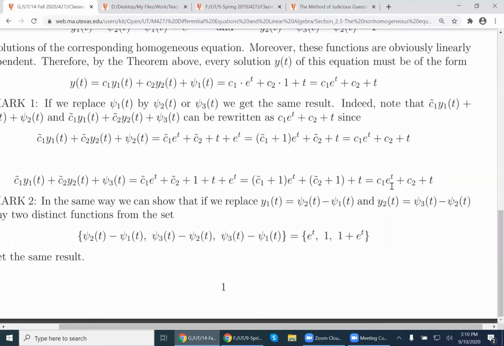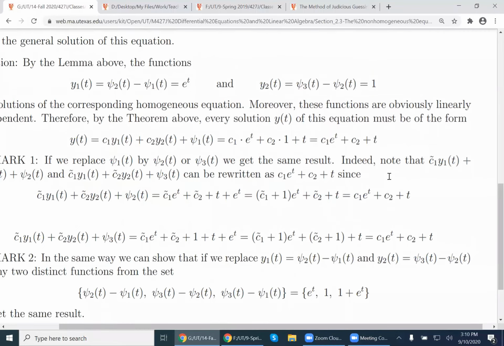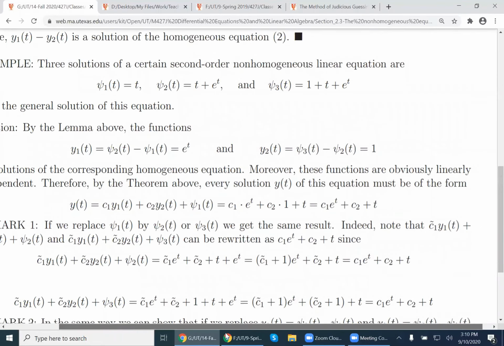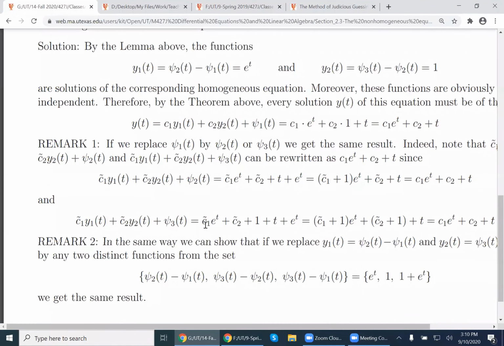Folks, now questions. Tilde is just another way of selecting an arbitrary constant, right? Yes, absolutely. Since C1 and C2 are arbitrary constants, this expression, which can be rewritten as this, looks different, but its nature is fundamentally the same as the nature of this expression, because C1 is C1 tilde plus 1 and C2 is C2 tilde.